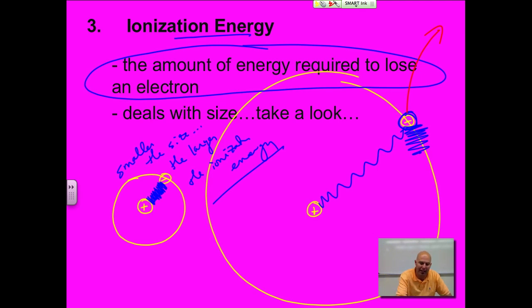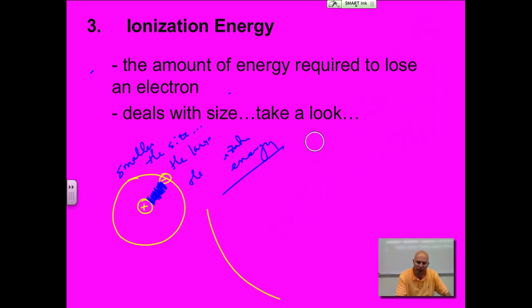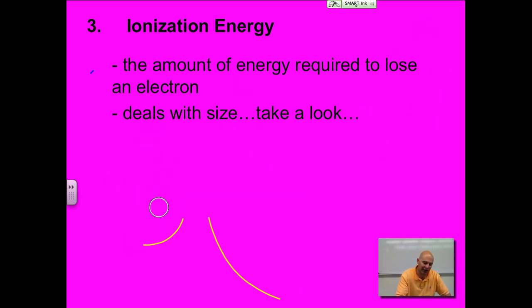So ionization energy is the amount of energy required to lose an electron, and it's the exact opposite of size, because the smallest ones are going to have the larger ionization energy.